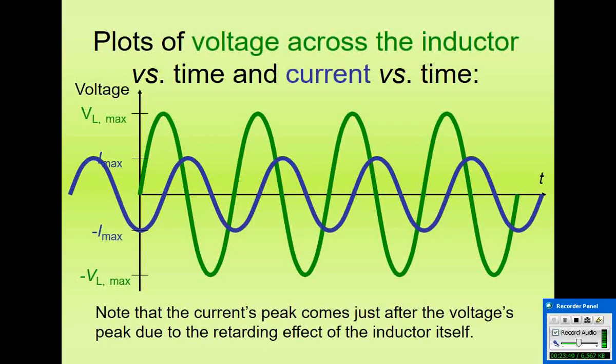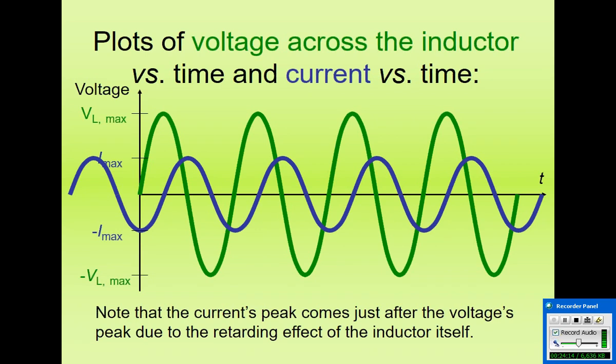And the voltage across the inductor is trying to regulate the current in the circuit. The inductor is always trying to bring the current back to equilibrium. It's trying to pull the current back to equilibrium. And so it's leading the current. It's like the current has some momentum, and the voltage across the inductor is trying to pull it back in the opposite direction.